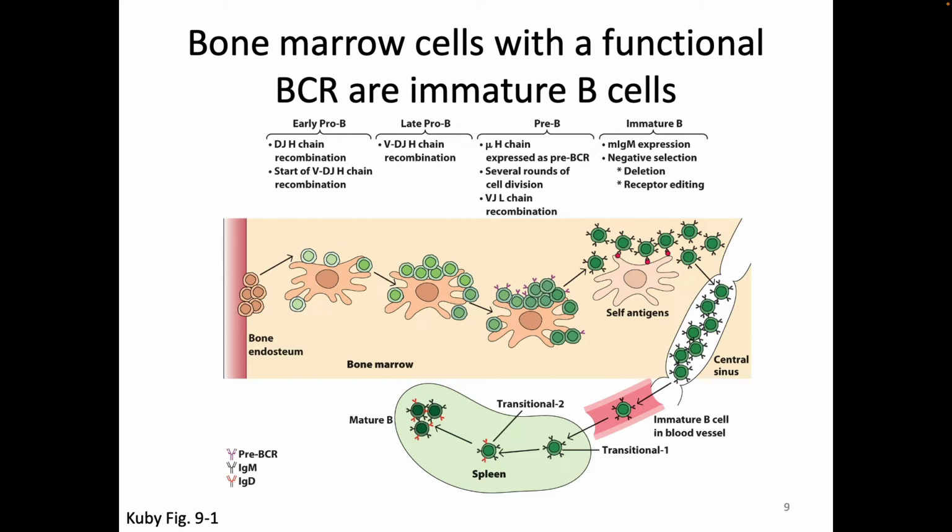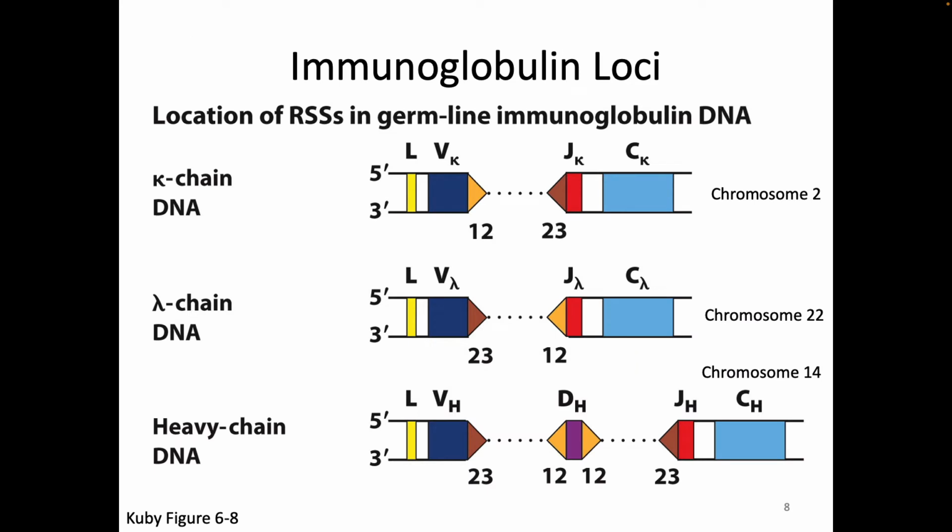And if that one doesn't work, then we do the other kappa. And if it works, woohoo, we get to be an immature B cell. And if it doesn't work, then we try lambda. And if lambda works, then woohoo. If not, you use the other lambda. So we've got more chances here to make a light chain.